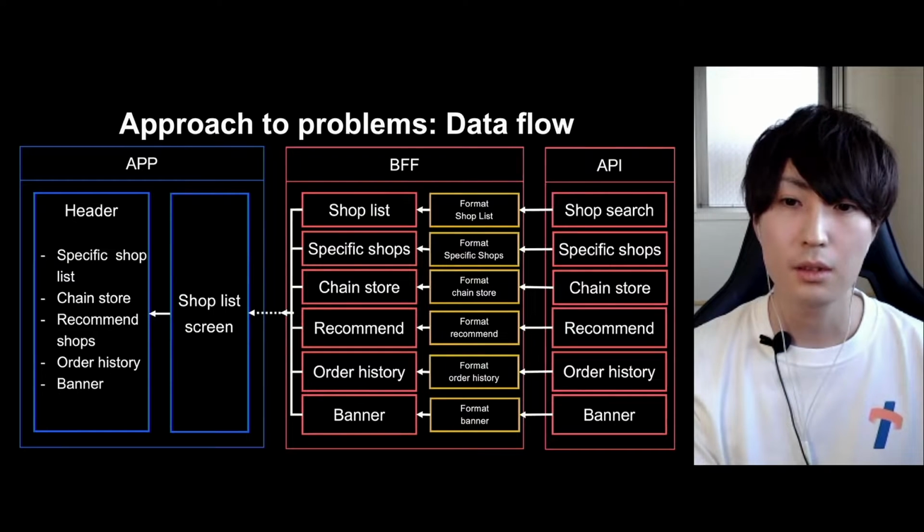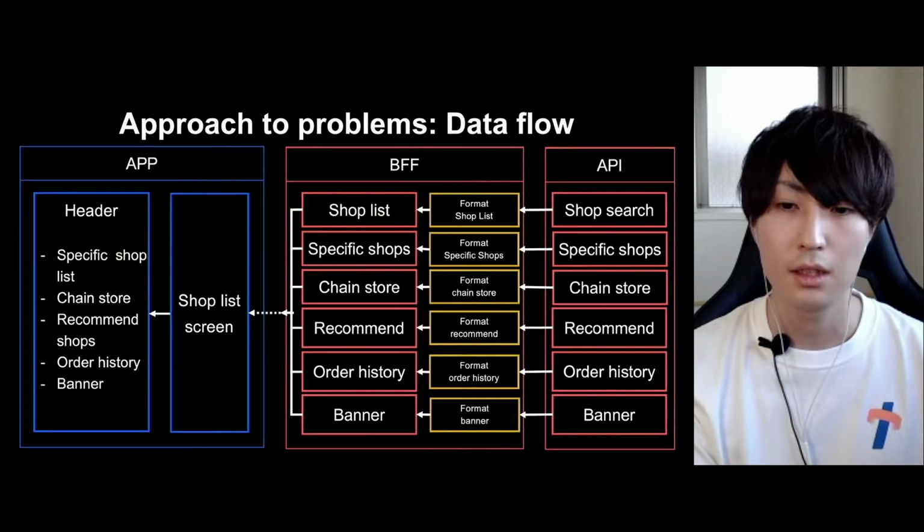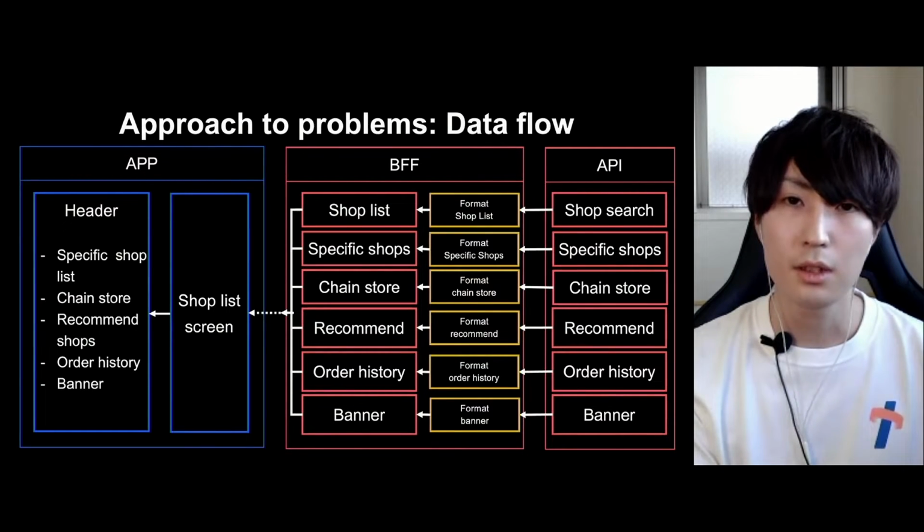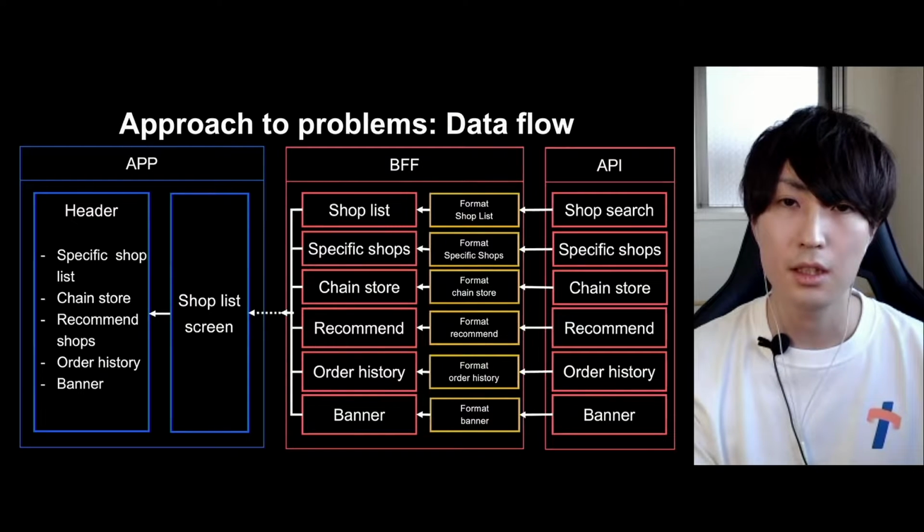With such efforts, the actual data flow on the client side now looks like this. One data formatting process is no longer needed, so this logic can now be removed from the client code. Compared to the previous data flow, it's less complex and much simpler, as it only retrieves data. GraphQL defines a query and requests the necessary data from the BFF to retrieve that data.